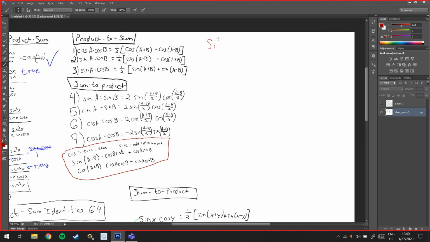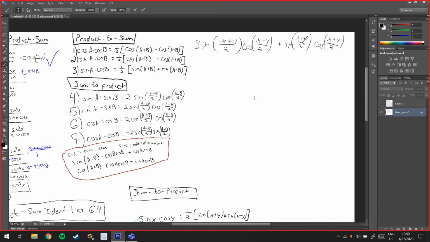So I have sine of (x plus y) over 2, cosine of (x minus y) over 2, and then I need plus sine of (x minus y) over 2, cosine of (x plus y) over 2.